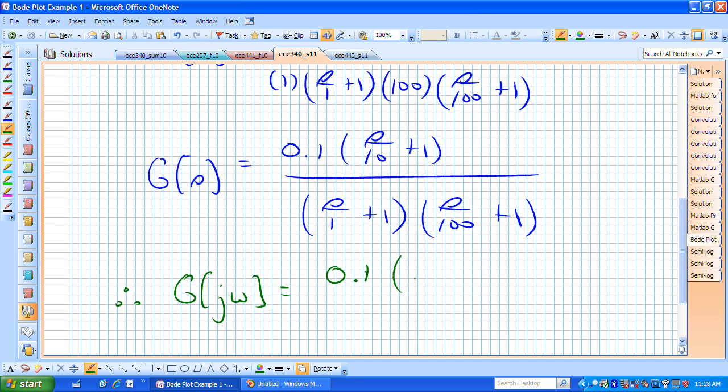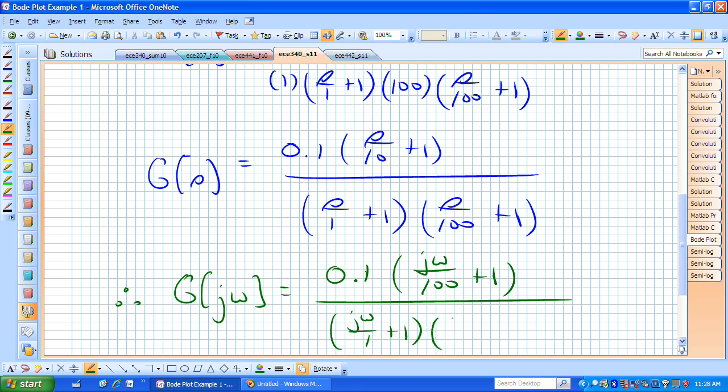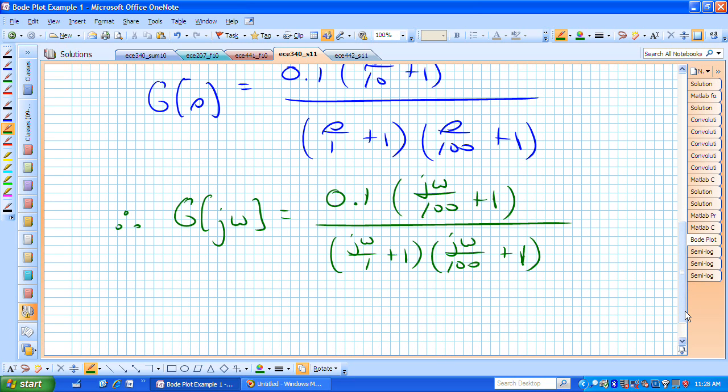We now have 0.1 times j omega over 10 plus 1, over j omega over 1 plus 1, times j omega over 100 plus 1. And now what varies is this omega from 0 to infinity.